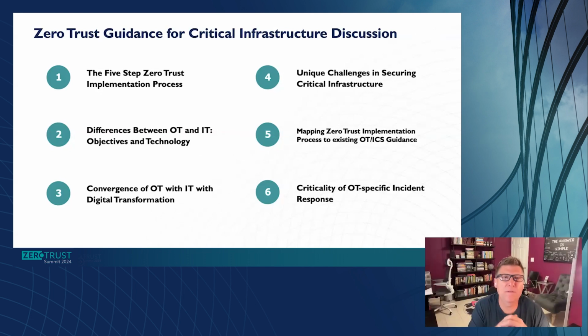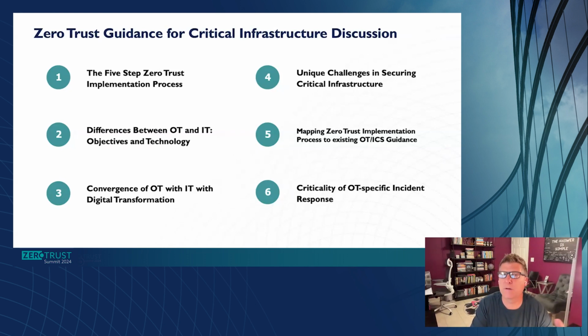And I love this paper because there are so many guidance documents for zero trust in general for IT. And it's been an absolute pleasure working with JJ and all the other contributors here because it really does apply to OT, and this paper describes how. And I think even the first half is just really talking about differences between OT and IT.